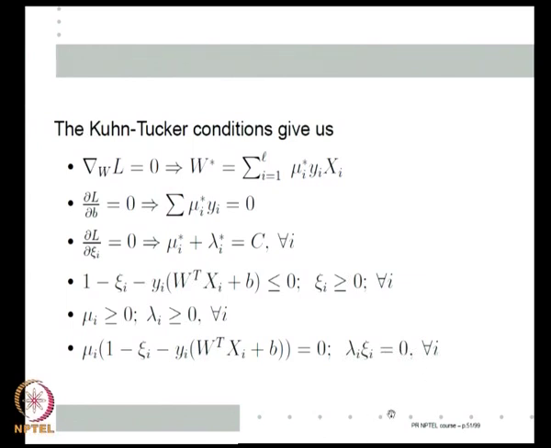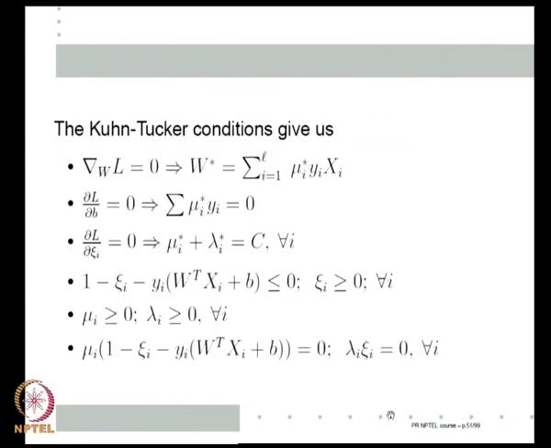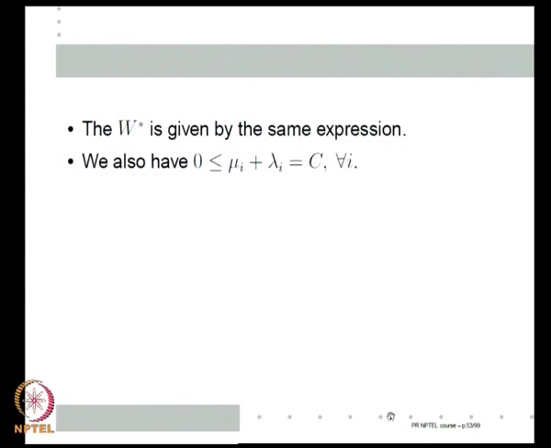Let us see what this means. W star is still given by the same expression as you have already seen. We also have the extra condition mu I plus lambda I is equal to C for every I, and because both mu I and lambda I are non-negative, mu I is also between 0 and C. So we have this for every I. What does this mean?